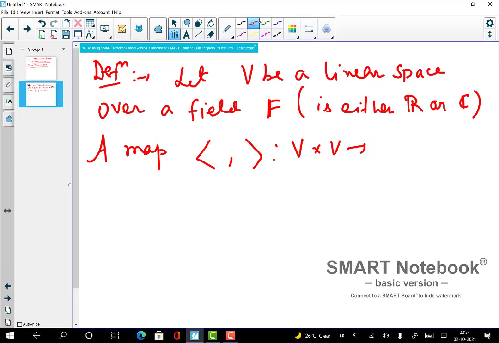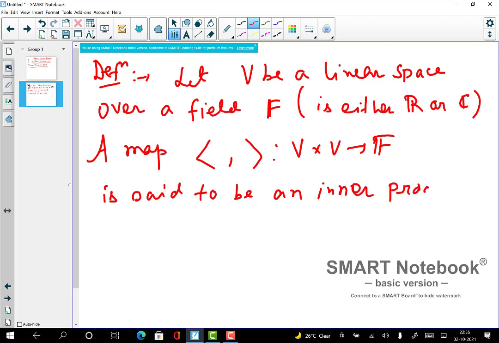So to F is said to be an inner product if it satisfies the following properties.